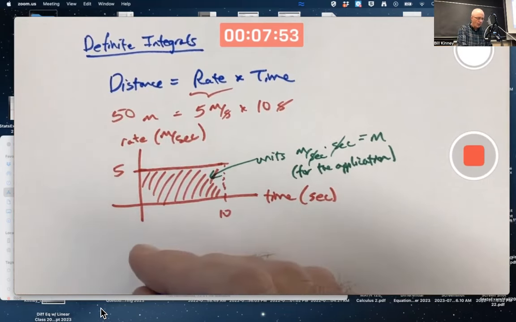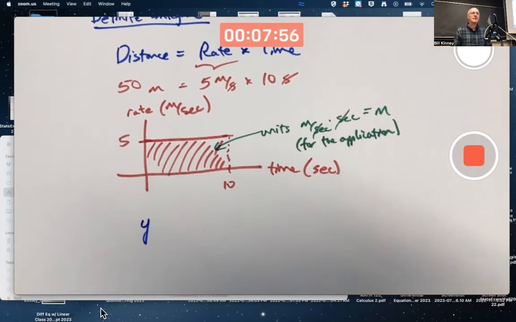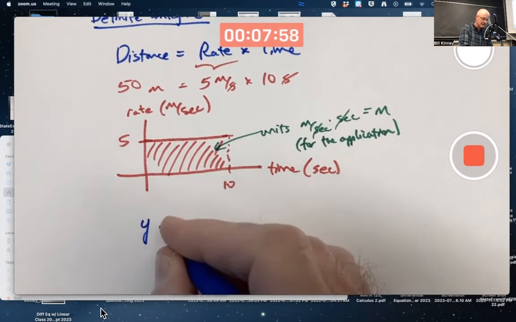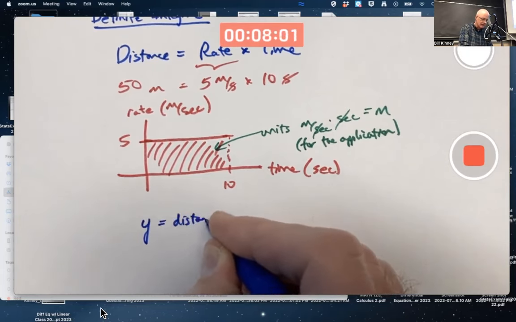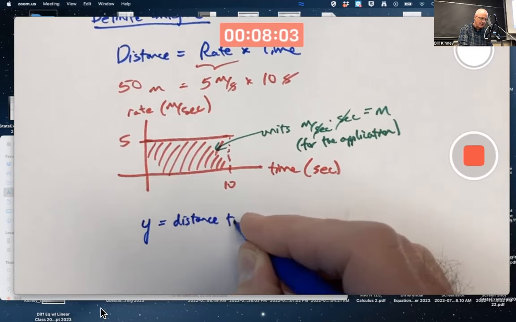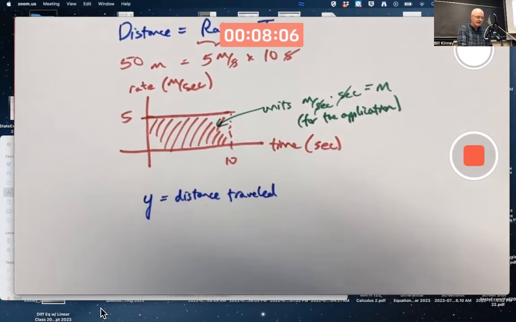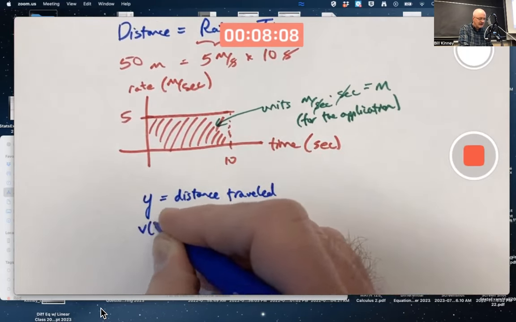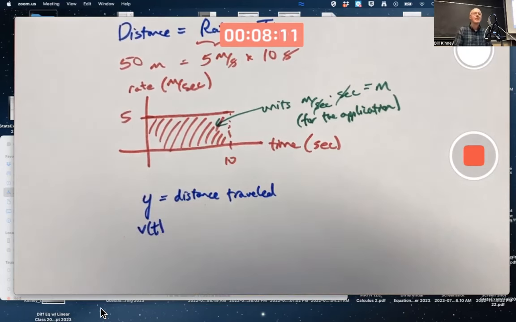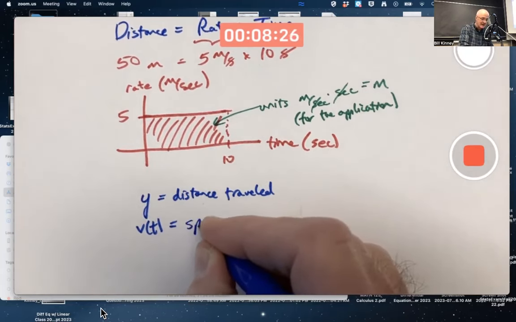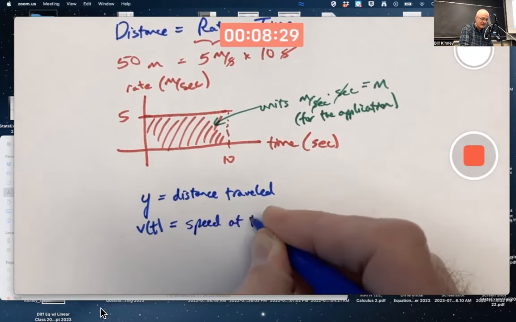If you think of y as a variable representing distance traveled, think of v of t as being a function representing, oh, should I say velocity or should I say speed? At first, even though it's a v, I'm going to say speed. Speed at time t.